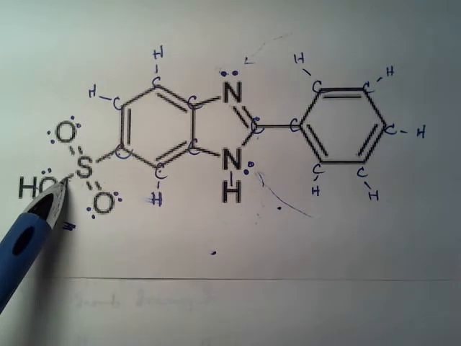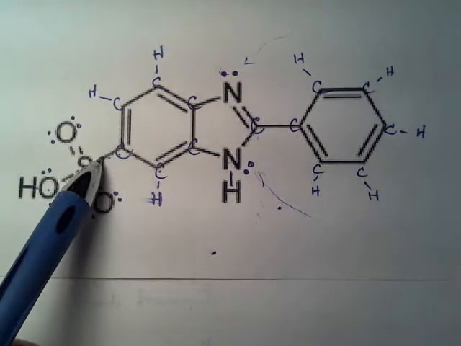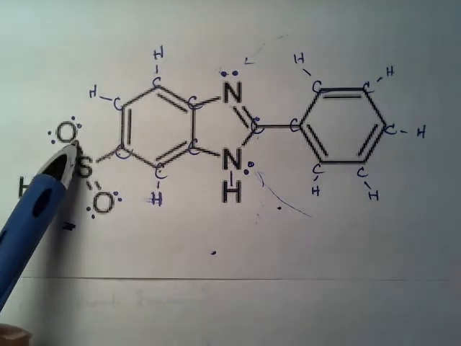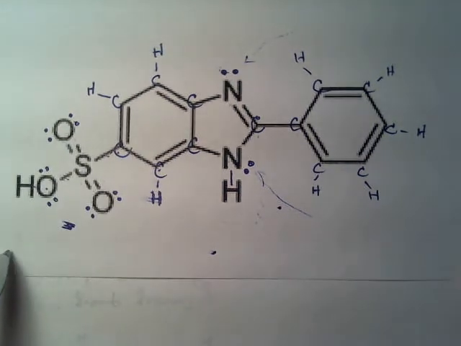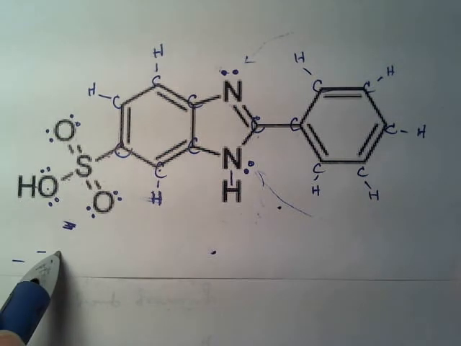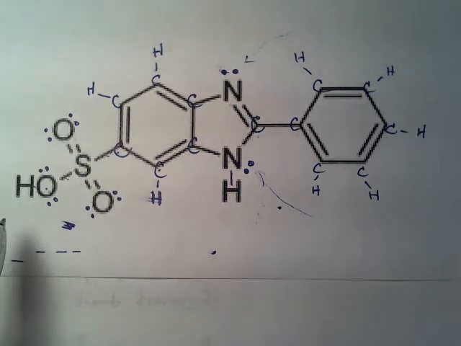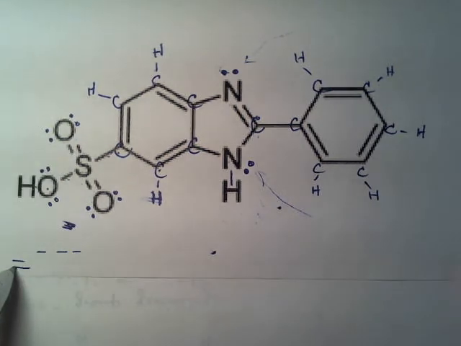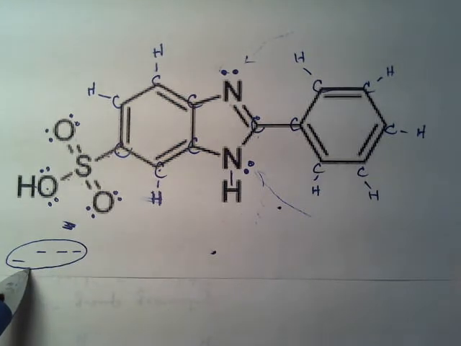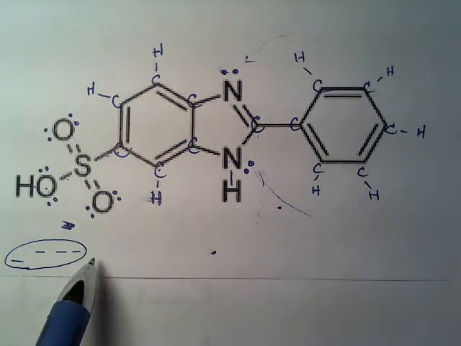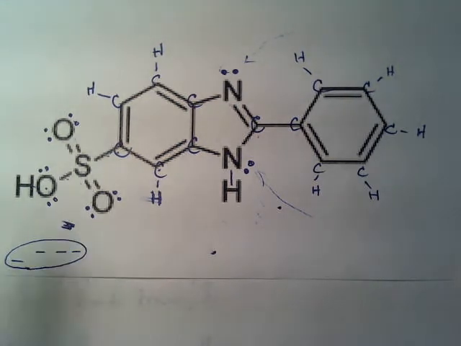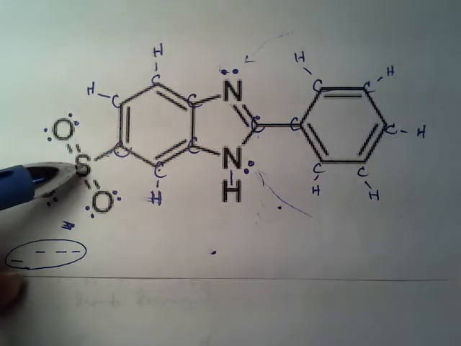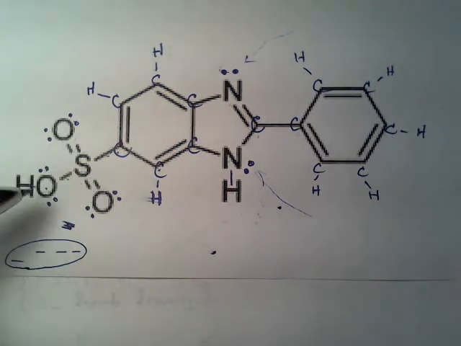So it has 4 sigma bonds, and then it's got 2 pi bonds. So S, 1, 2, 3. So it's actually using sp3, and then it's using other orbitals for the indirect overlap that create the 2 pi.